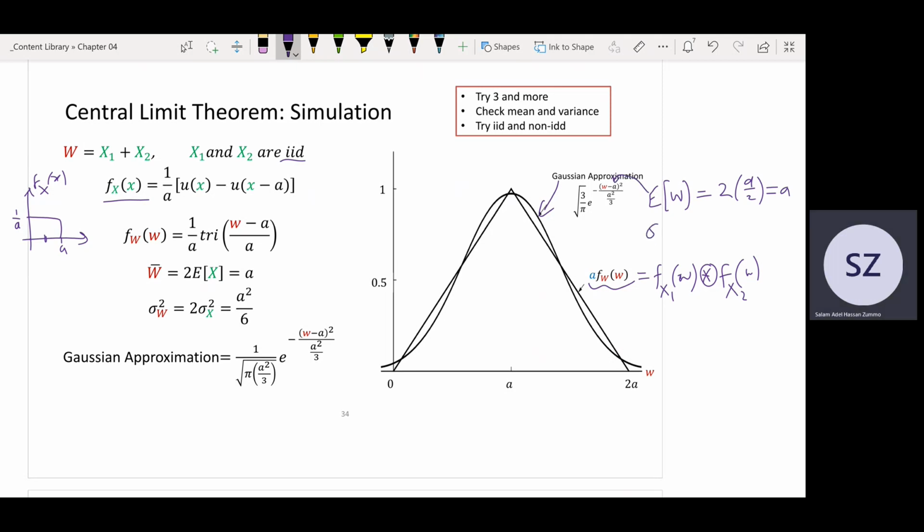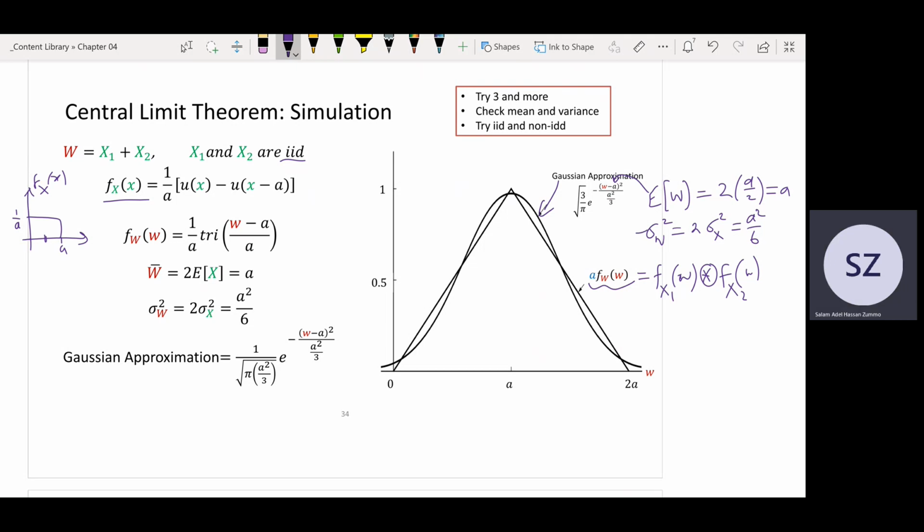And the variance of w equals what is that? 2 times the variance of x, which I think it's a squared over 12 also. I'm not sure. Anyway, it is written here, it's a squared over 6. Because here you have 2, right?